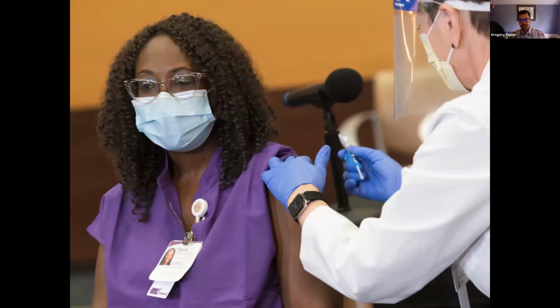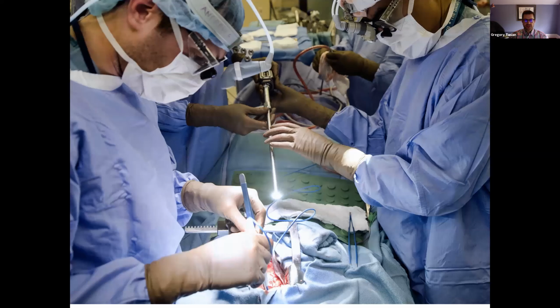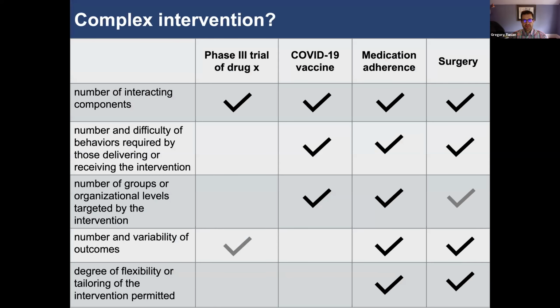The second is vaccine administration, taking COVID-19 vaccine as the example. The third is a behavioral health behavior intervention using counseling. And the final intervention is surgery. So each of these studies and each of these interventions vary with respect to their complexity.